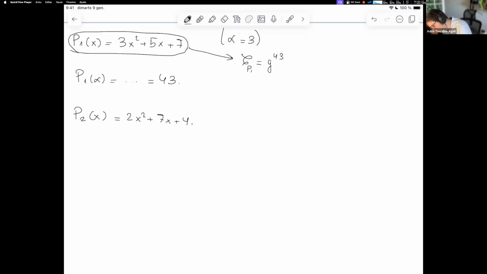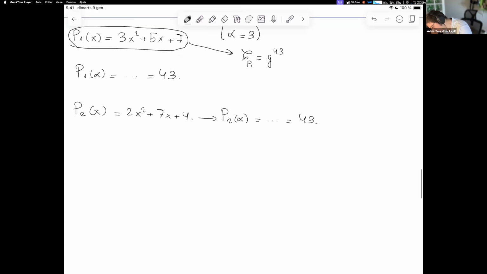But if you evaluate P2 at alpha, it is also 43. So it has the same commitment. The commitment for P1 is g to the 43, which is also the commitment for P2, which breaks the binding property.